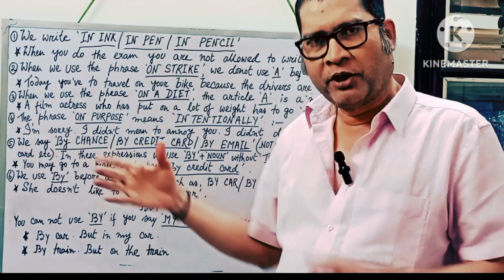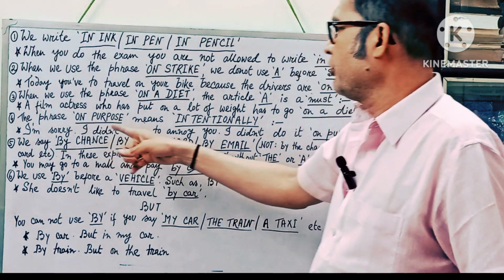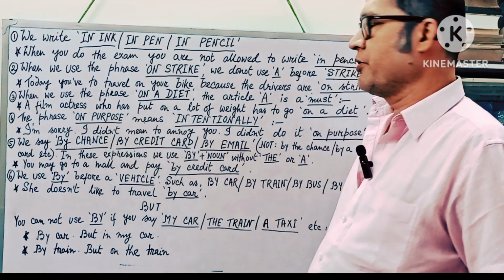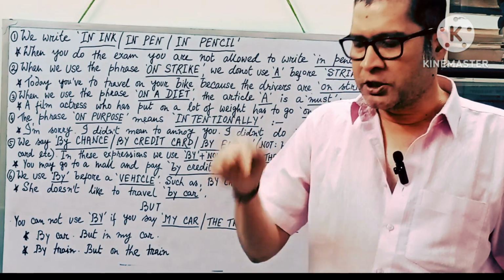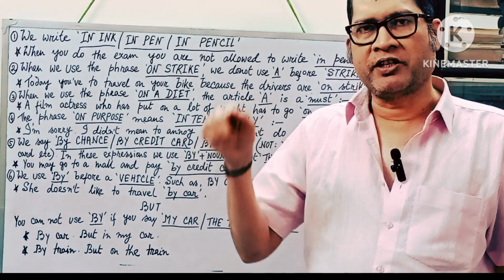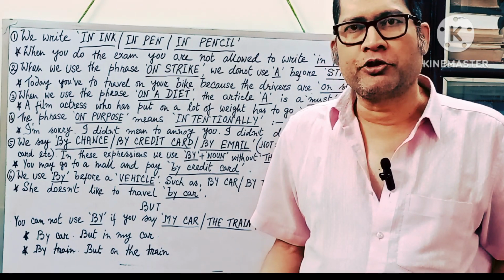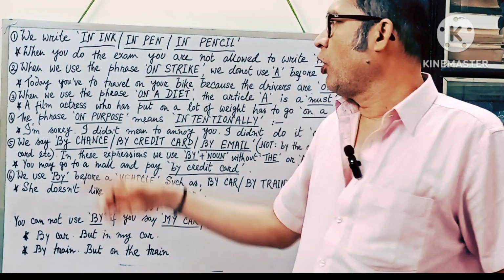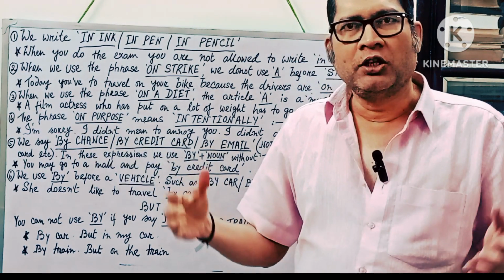Next, the peculiarity of the English grammar continues. The phrase on purpose. Purpose is a countable common noun. In spite of the fact that purpose is a countable common noun, we are not allowed to use an article before purpose when we are going to use the phrase on purpose.